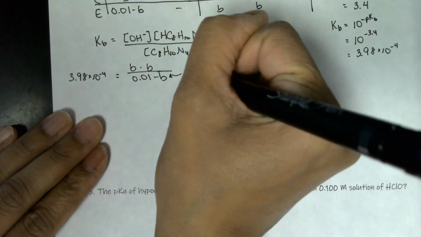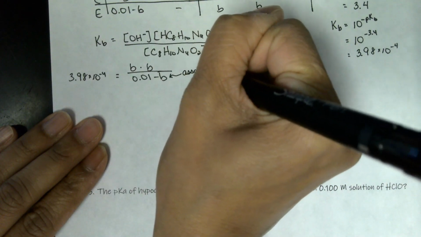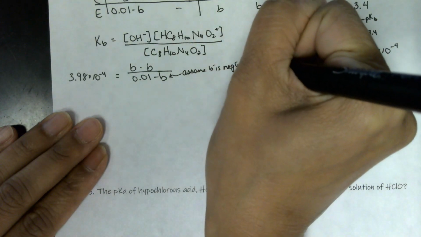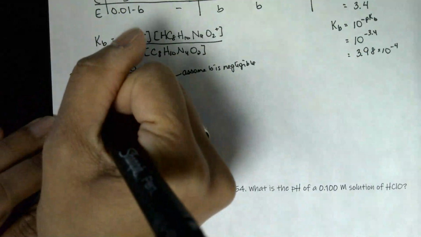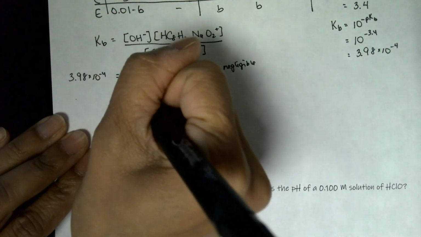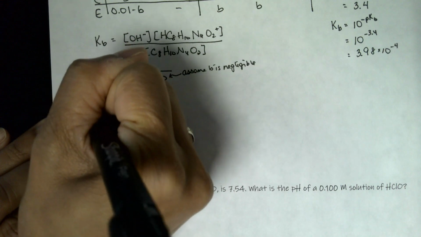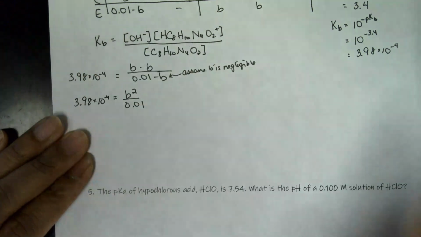So I don't want to do that. Instead, I can say, assume B is negligible. That means we have this equal to B squared over 0.01. So 3.98 times 10 to the negative 4.